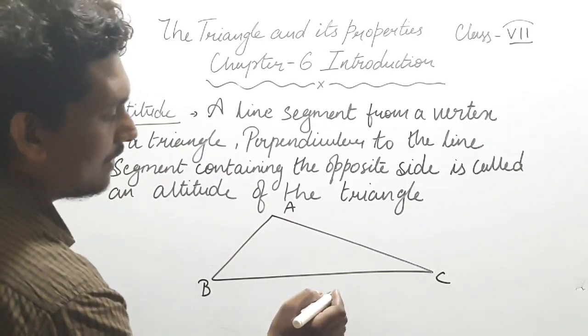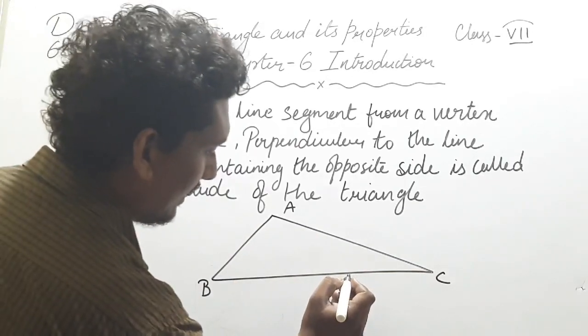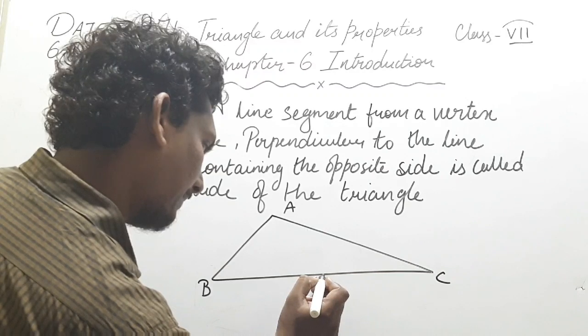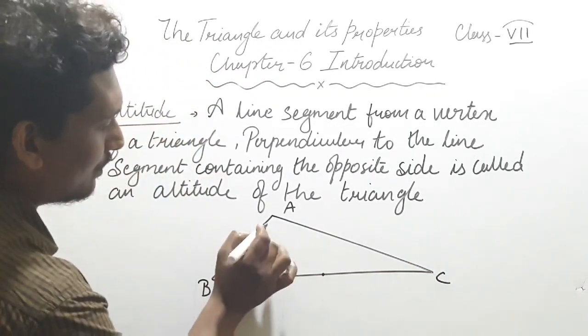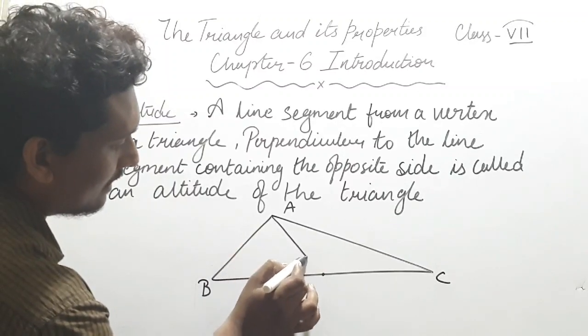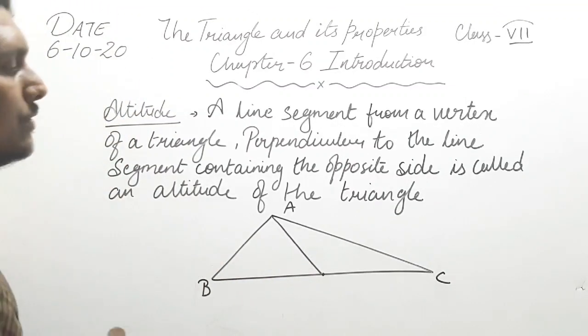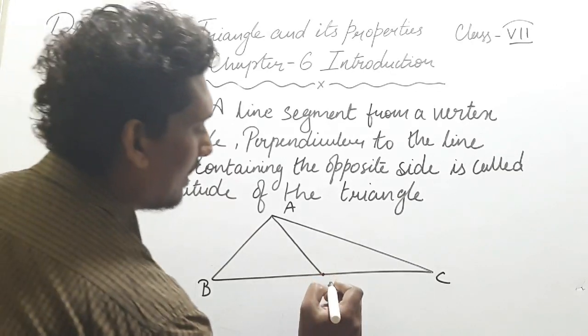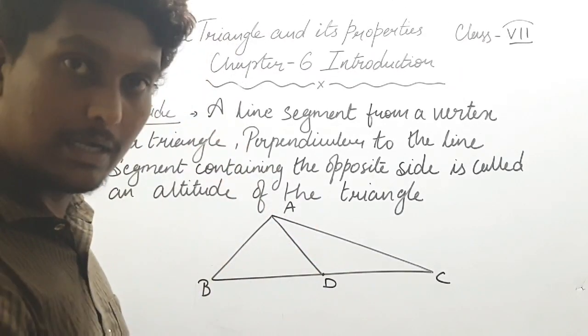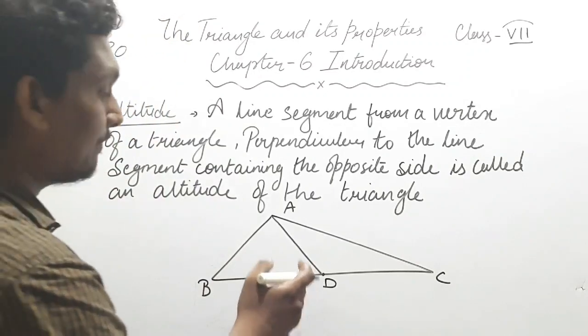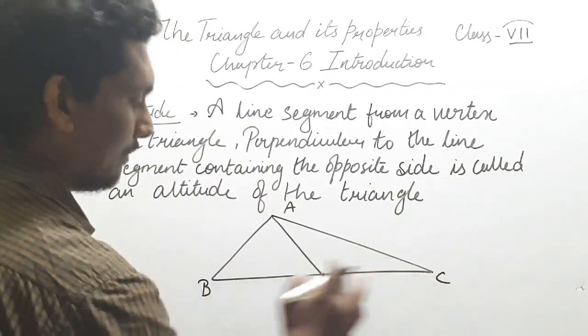So it will be somewhere here. This is equal and this is equal, so this line will go like this. This is the midpoint that I am marking D, the midpoint of BC.